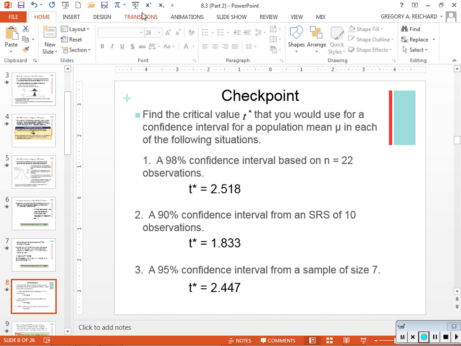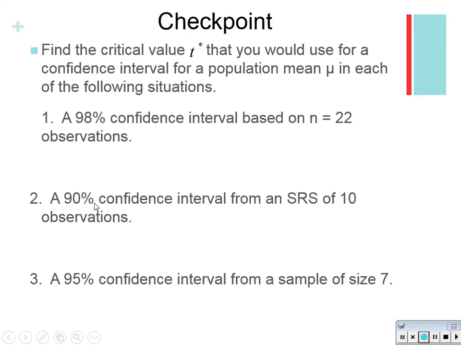So just moving through some of these other ones here. If we had a 90% confidence interval from a simple random sample of 10 observations, we would do the inverse t of 0.9 plus (1 minus 0.9), which would be 0.1, divided by 2. And the degrees of freedom for this would be 9 since there were 10 observations.